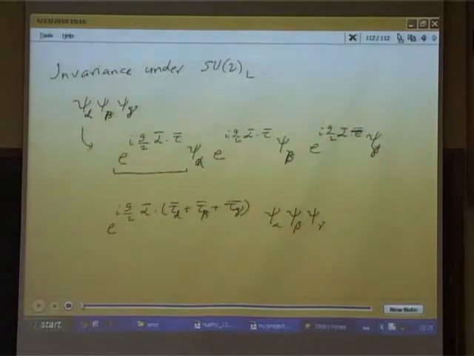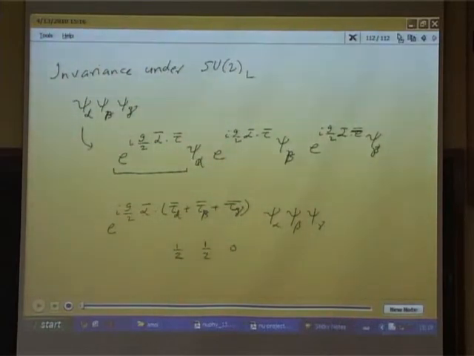So now, for example, I would like to know the spin of this. This is a spin half object, this is a spin half object, and this is a spin 0 object. Now the question is, can I make a combination of these three objects to make a spin 0 object? With half and half, you can combine them to make a spin 0 by taking the anti-symmetric combination.